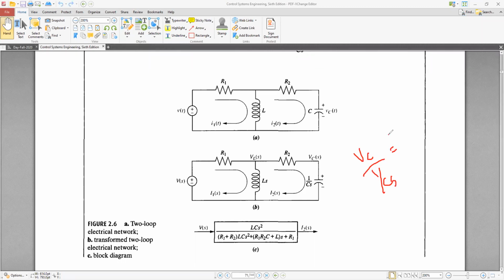It is equal to Cs into VC. So if you divide, it would be multiplied. And here, VL divided by Ls. Other things are the same.